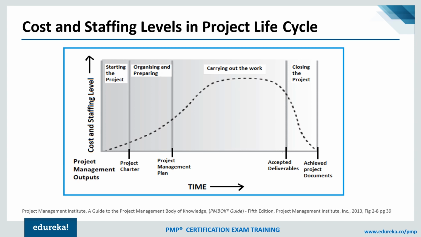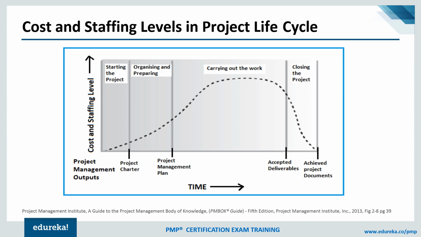When we start carrying out the work in the execution phase, it may touch its peak, like the money that you're going to spend on the project during that phase, or the number of people working on the project at that point of time, will be at the highest, and gradually it will start coming down as the project moves towards its closure.